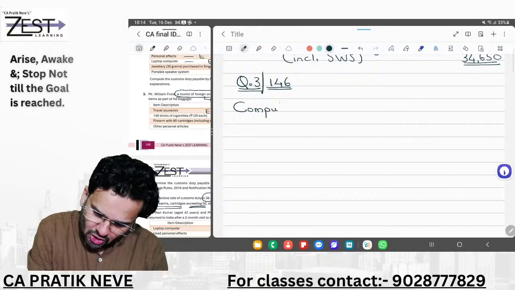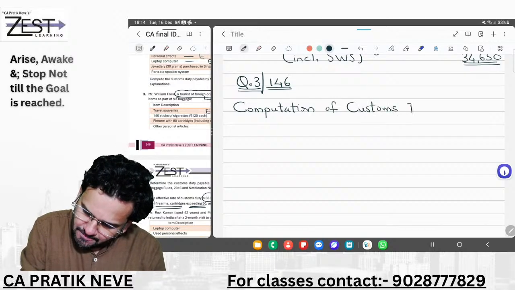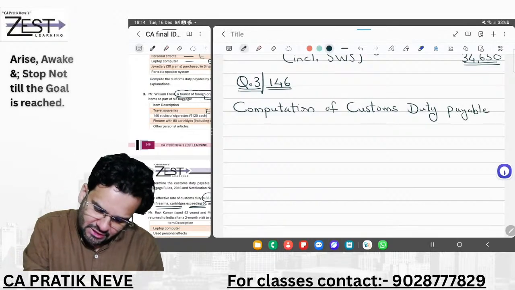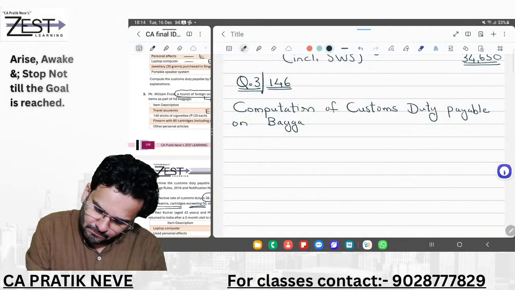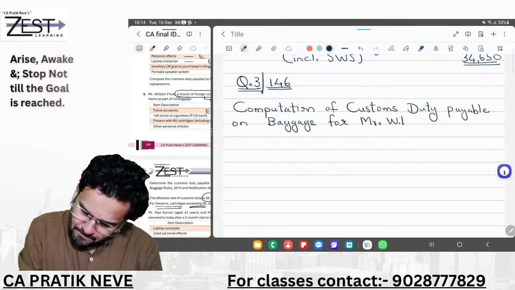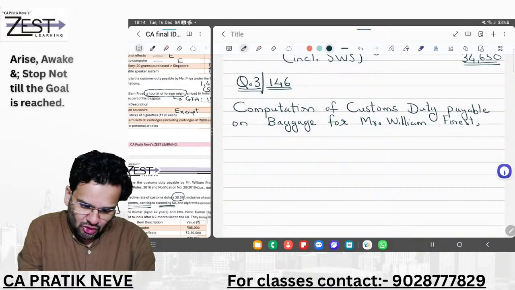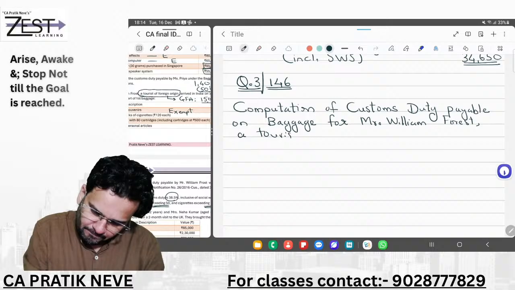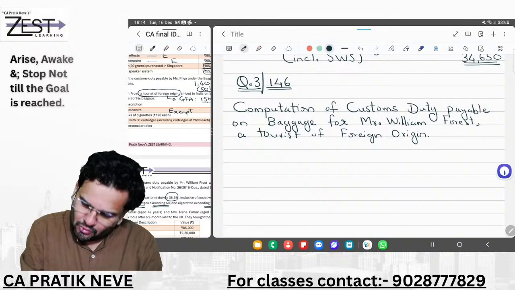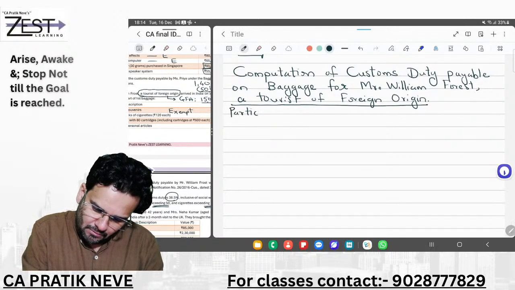Computation of customs duty payable on baggage for Mr. William Forrest, most importantly, tourist of foreign origin, particulars and amount in terms of rupees.